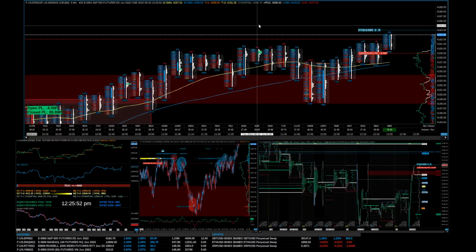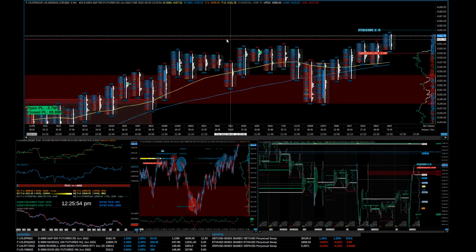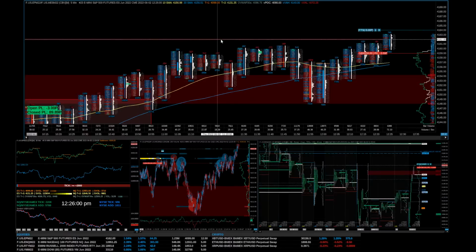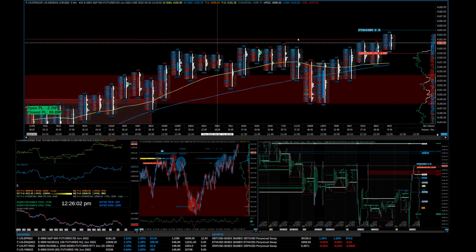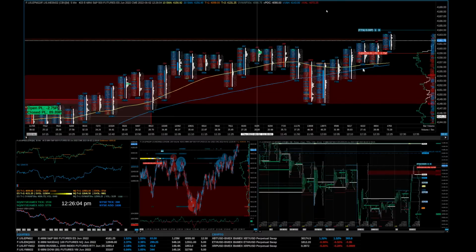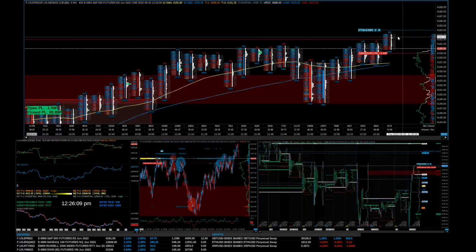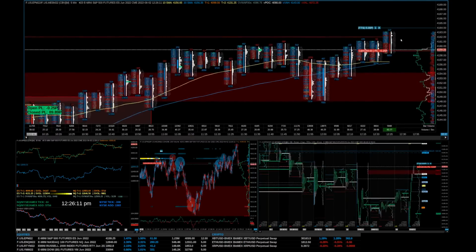All right. So now they're through that. So for all you guys that are using the imbalances, right? Big imbalances. This little teeny red line is a big imbalance left over. Does it work? Can you short the imbalance that's left over? And does it just go straight down? Oh, look at it go straight down.